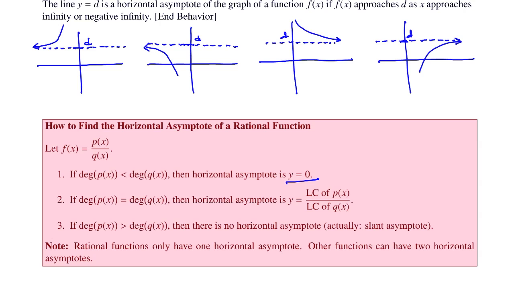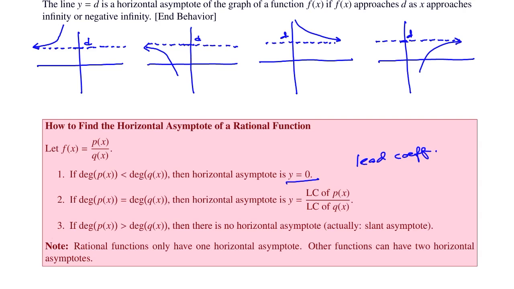Number two, if the degree of the numerator is equal to the degree of the denominator, then the horizontal asymptote is a horizontal line in the form y equals the lead coefficient of the numerator divided by the lead coefficient of the denominator.